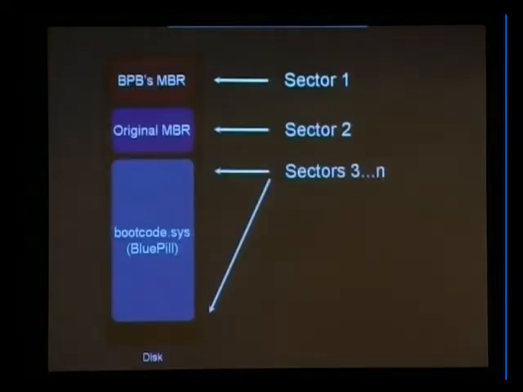This is the disk layout of the Bluepill boot infected disk drive. So it overrides the MBR, and it stores the original MBR on sector number 2, just right after the new MBR, and it fills the 20 next sectors with main Bluepill code.